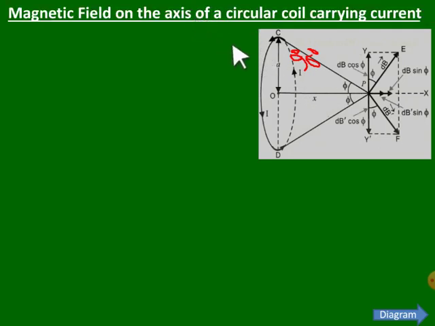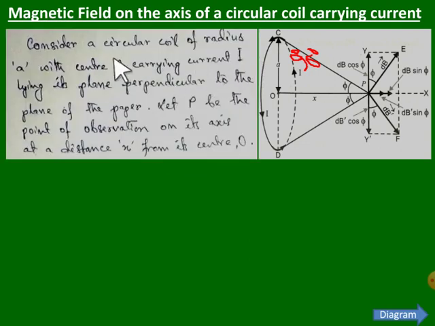Let's go to the description part quickly, and if you want to note it down, you can do so by pausing this video. So as I said, consider a coil of radius a with center O carrying current I, lying its plane, meaning the plane of the coil, perpendicular to the plane of the paper here. That means half of this is coming outward, and the half shown by this dotted line is behind the plane.